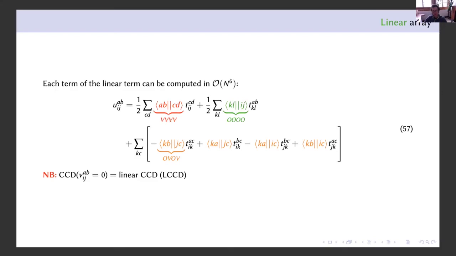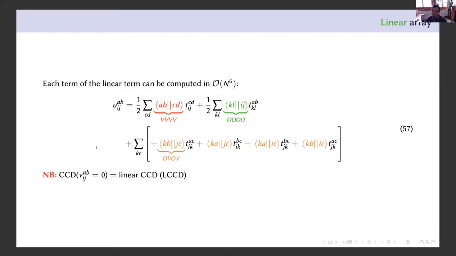I call VV the one with four virtual orbitals, and OO with four occupied, and here you have integrals involving OV, so occupied-virtual. You can compute all those quantities separately if you want to do it nicely. Here you have two summations, two summations there, and two summations there.